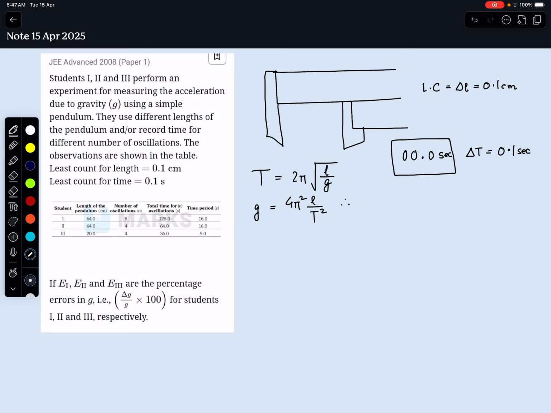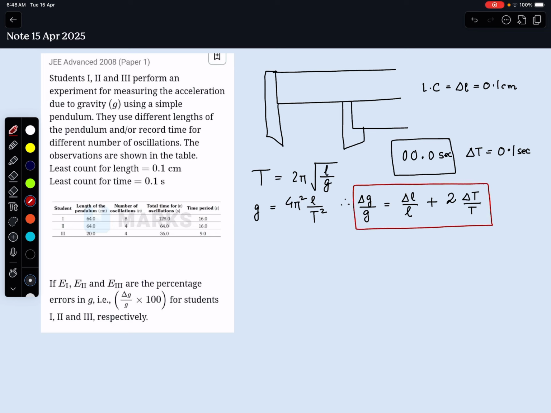Therefore the error, delta G by G is equal to delta L by L, because L has power 1 and T has power -2, but minus doesn't matter, so it is 2 delta T by T. So this is the fractional error in G.